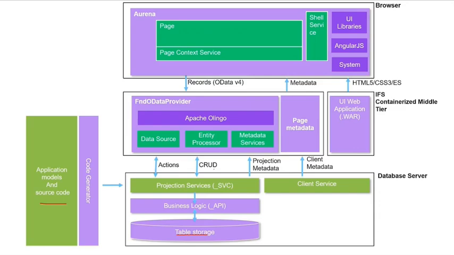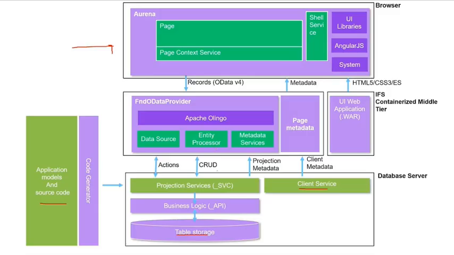Also, in order to have information about client metadata, we will have a separate section that handles the client metadata. So whenever there is a request coming from the Aurena application, there might be calls going on here, accessing the page metadata, and from the database server they will fetch the data and render the UIs.